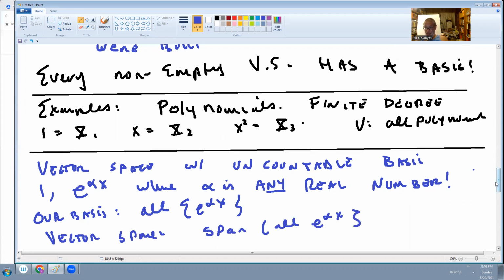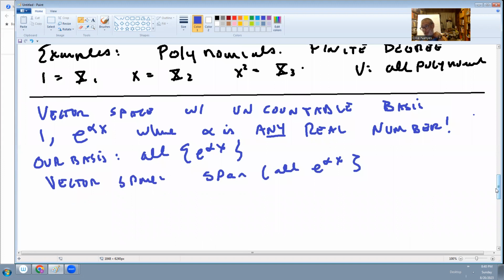Now, it's easy. So I described the vector space. It's just all linear combinations of these, for example, 1 plus e to the 2x plus e to the square root of 3x plus, let's say, e to the pi squared x.